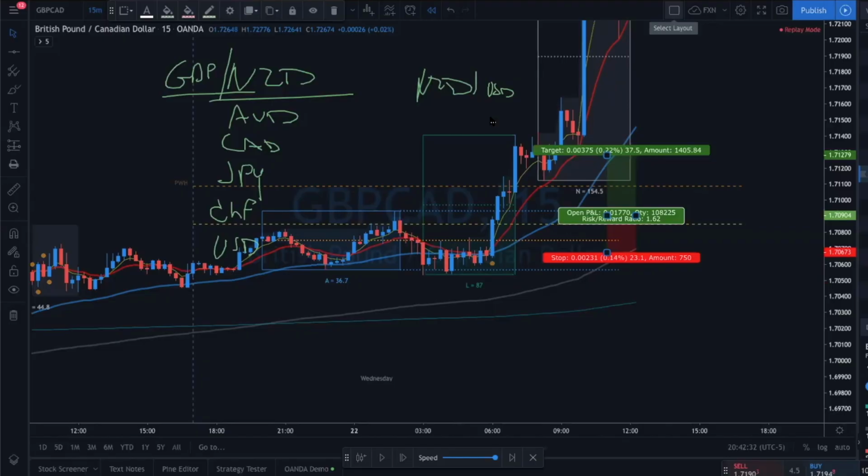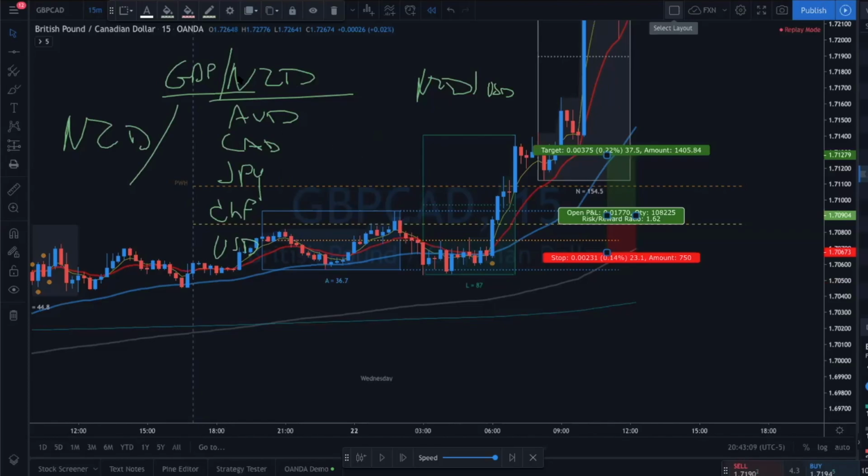Let me see NZD JPY, it's like 1.7. So very small spreads when NZD is the first currency.